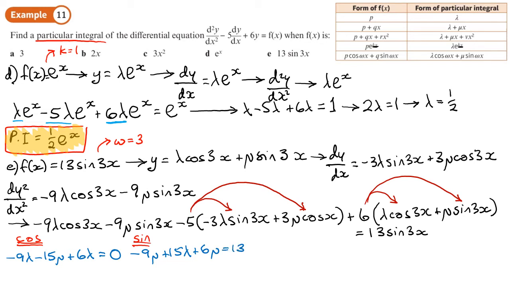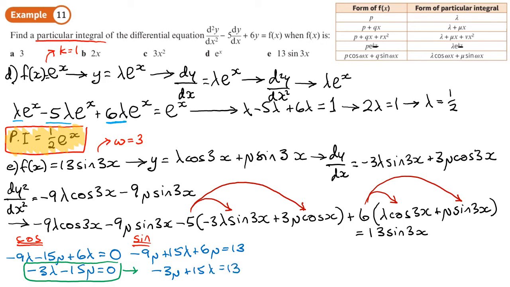So now I want to solve these simultaneously. I'll simplify them first before actually doing it on my calculator. So from this one I will get negative 3 lambda minus 15 mu equals 0. That's one equation that I'm going to use. And from the second bit, I will get minus 3 mu plus 15 lambda equals 13.